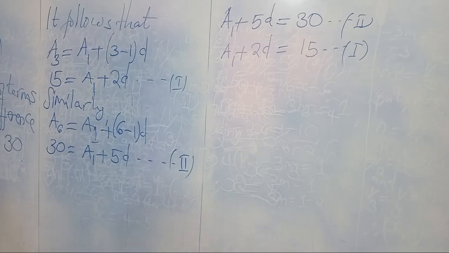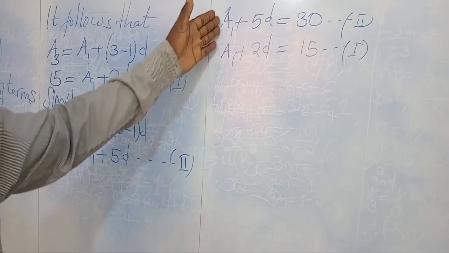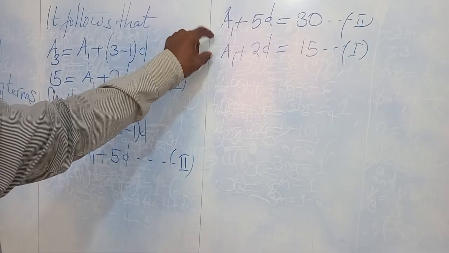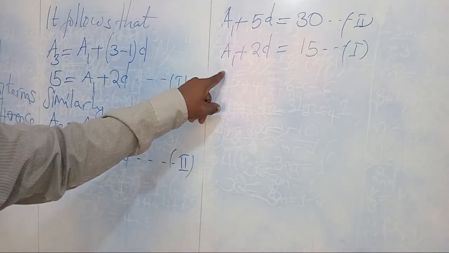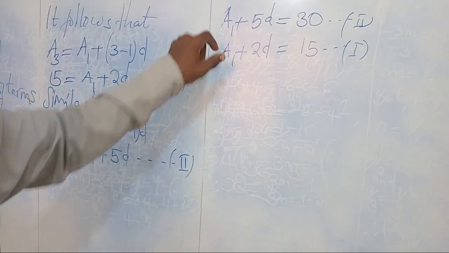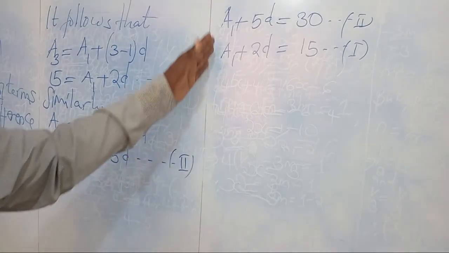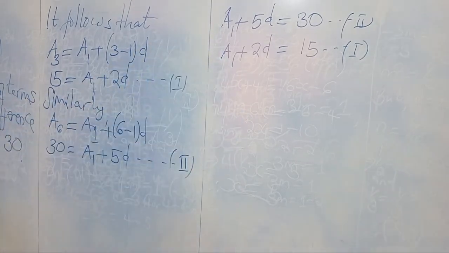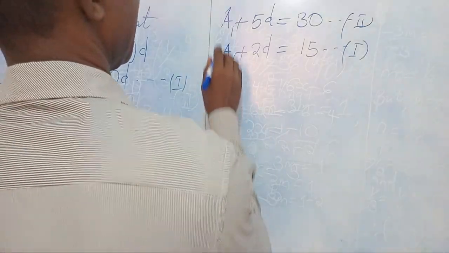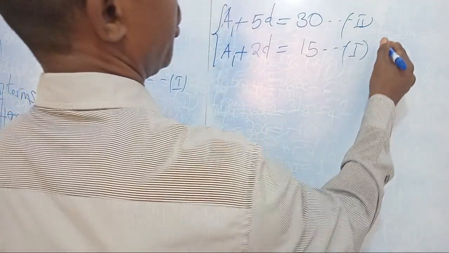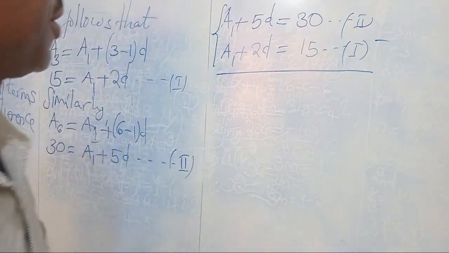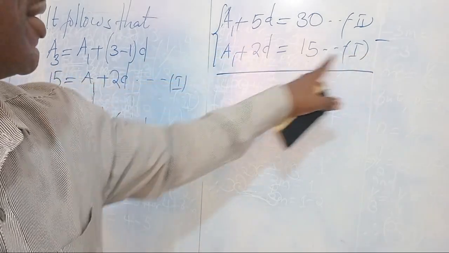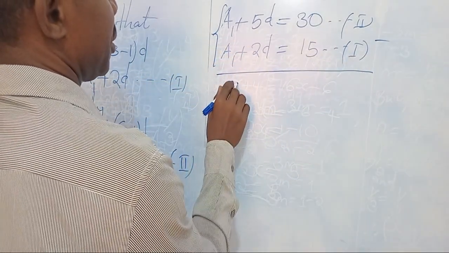Now, by the elimination method, the easiest way is to eliminate A1, because they have the same coefficient, 1 and 1. For d the coefficients are 2 versus 5, so it's easier to eliminate A1. Since the signs are the same and the coefficients are the same, we can subtract one equation from the other. A1 minus A1 gives us 0.